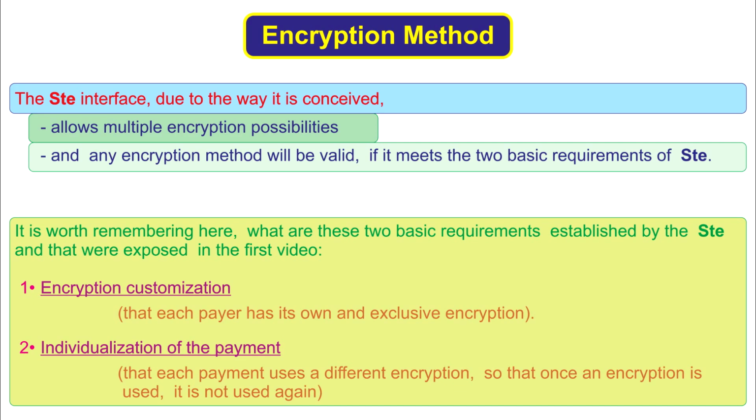It is worth remembering what these two basic requirements are, which were exposed in the first video. 1. Encryption customization: that each payer has its own and exclusive encryption. 2. Individualization of the payment: that each payment uses a different encryption, so that once an encryption is used, it is not used again.